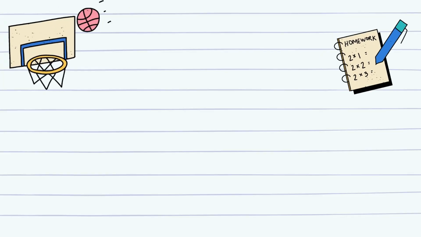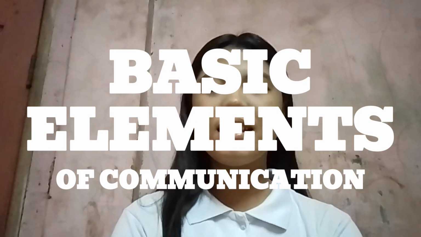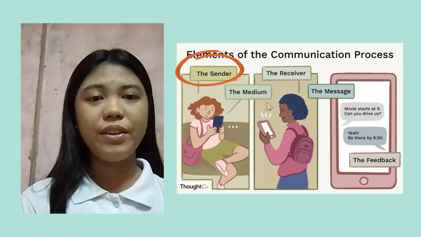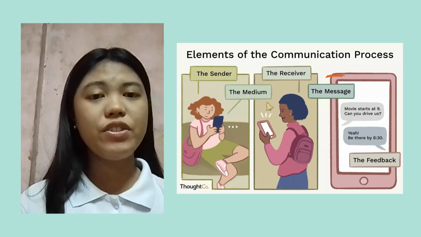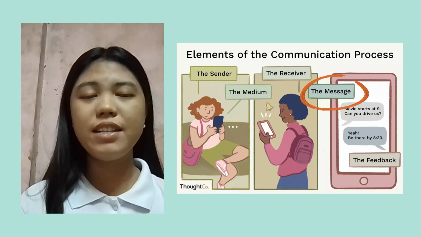Finally, communication is systematic. This principle highlights that effective communication relies on various elements working together interdependently. What are those elements? Great question again. The basic elements include: first, the sender, the person initiating the message. Second is the message, the information being conveyed.